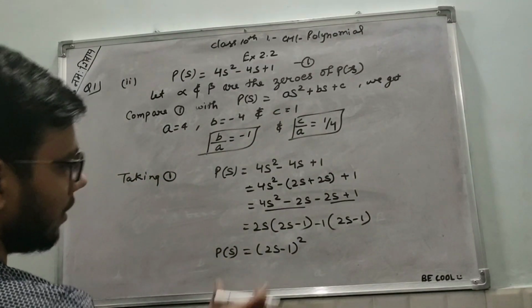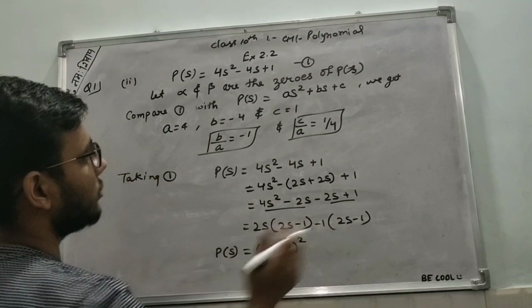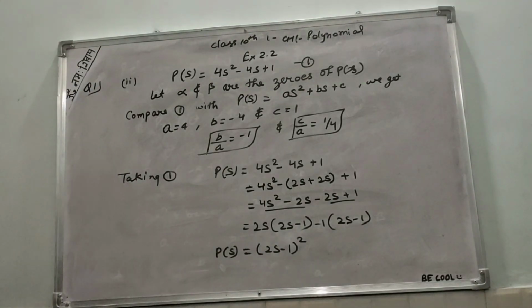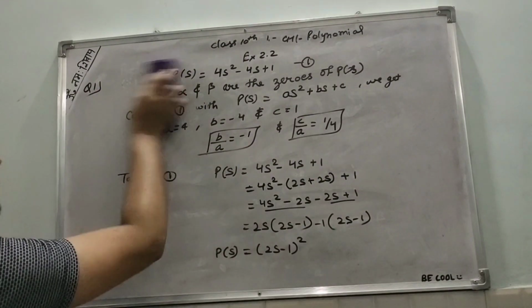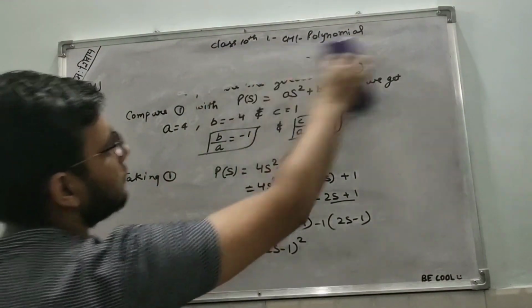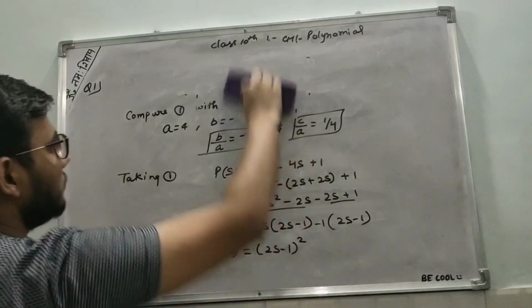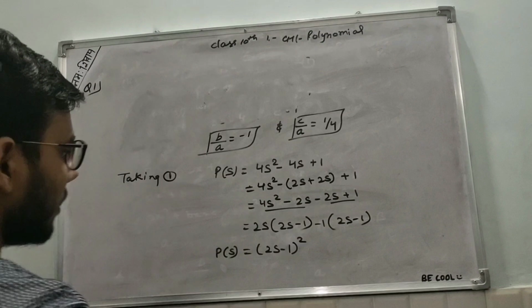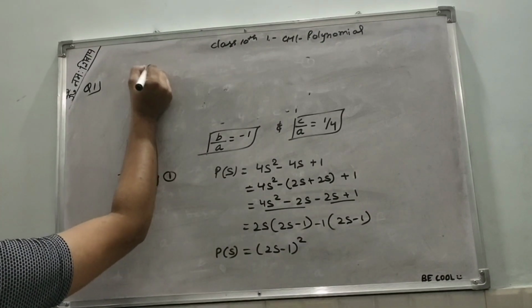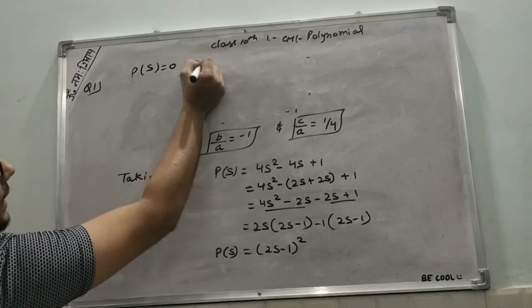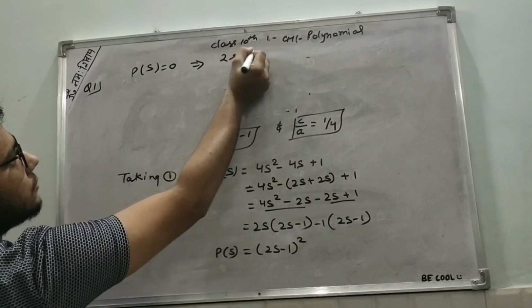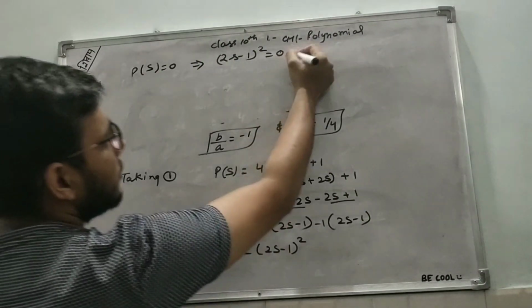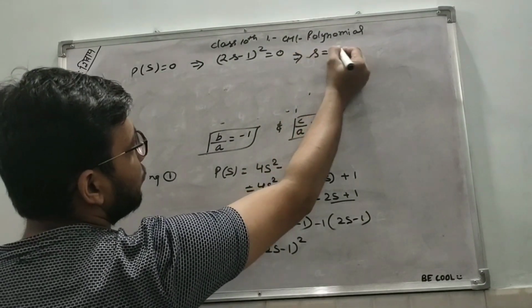Now put p(s) is equal to 0. We get (2s minus 1) square is equal to 0, which gives you s is equal to 1 by 2.